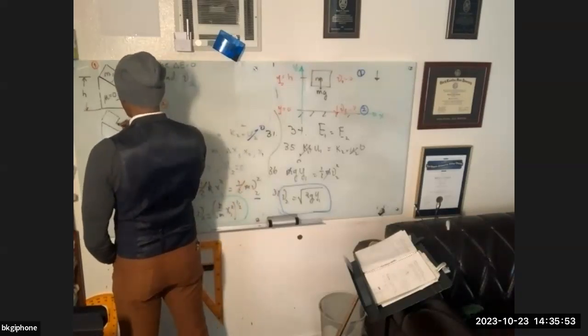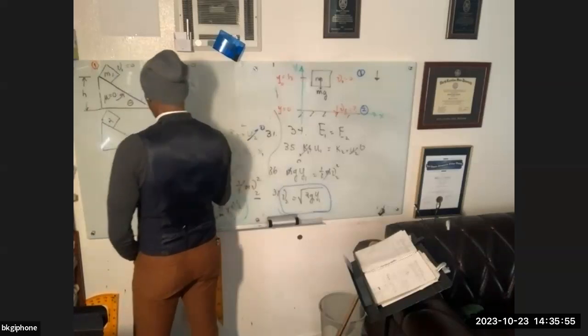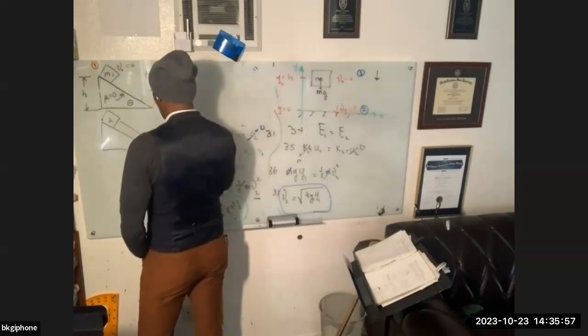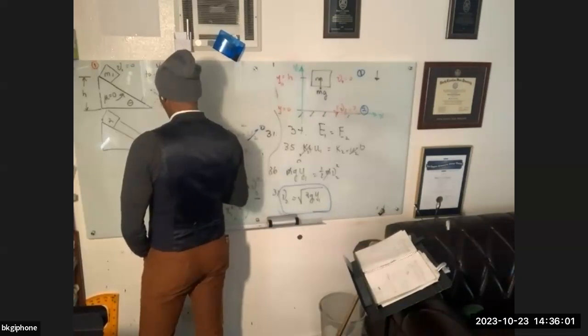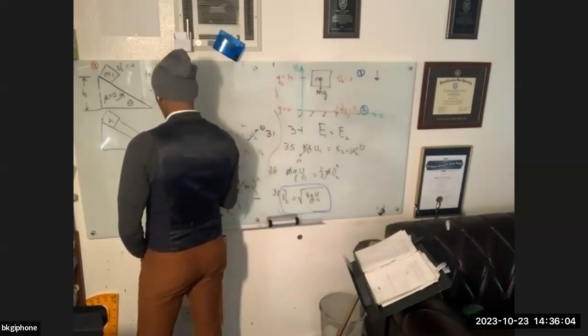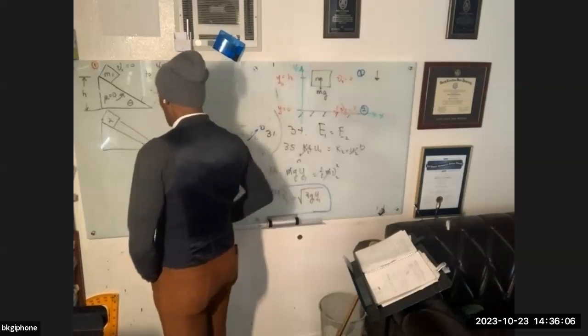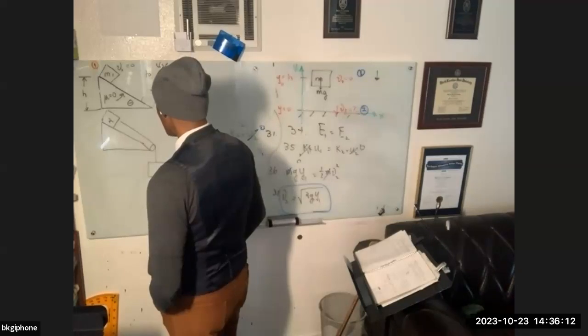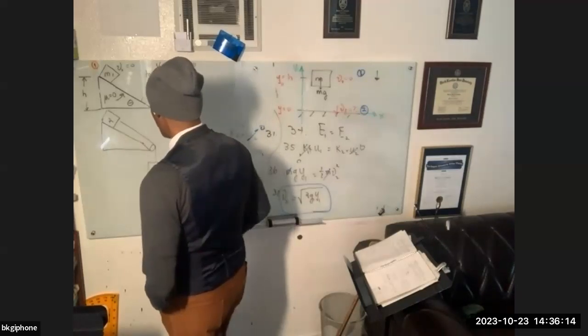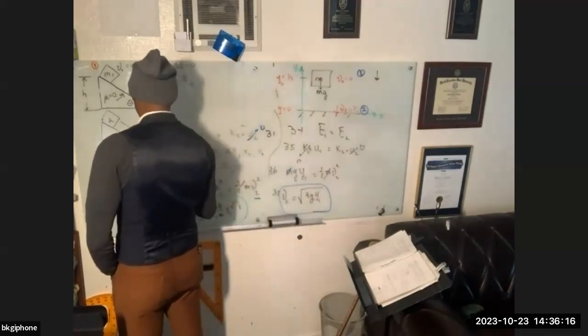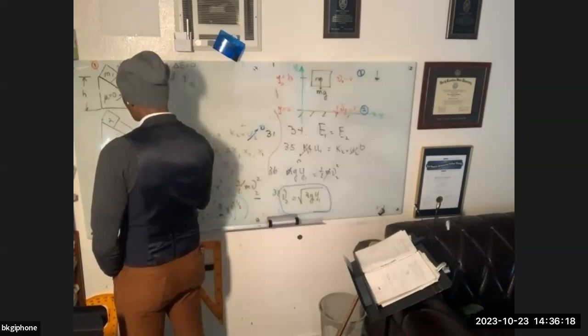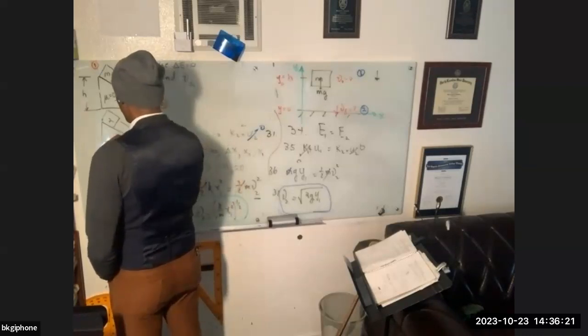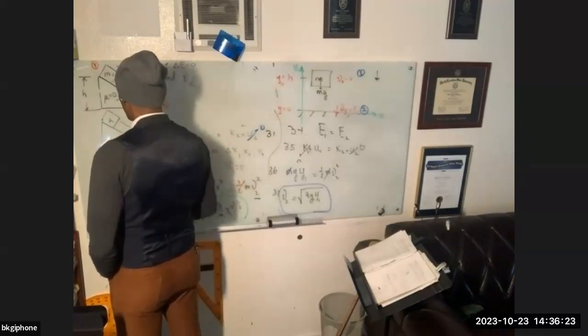You've got block 1 here, but in tandem with block 2, and again, mu naught equals 0.